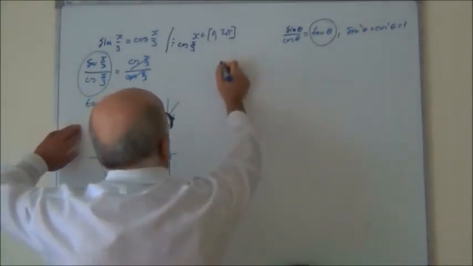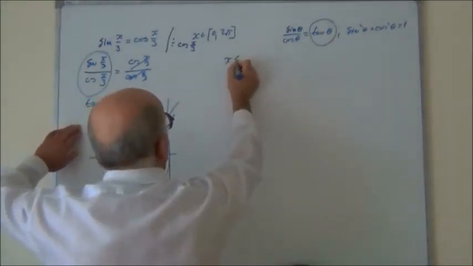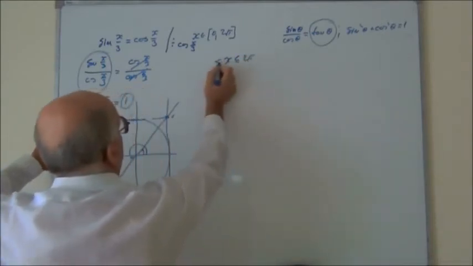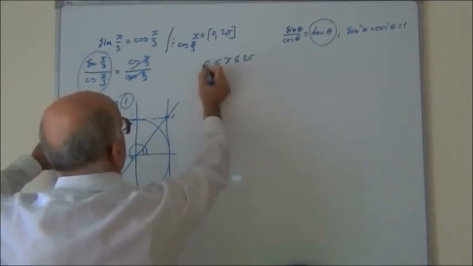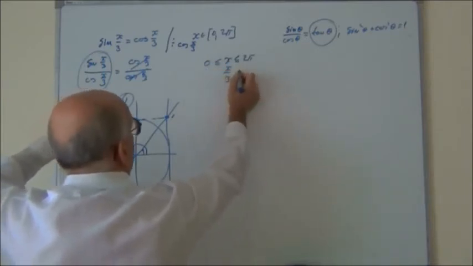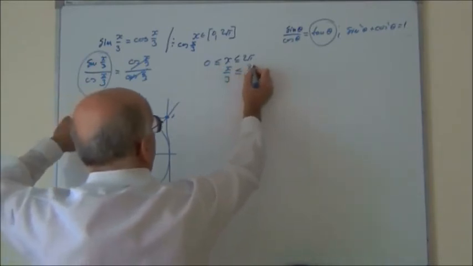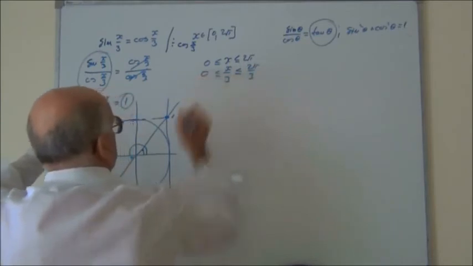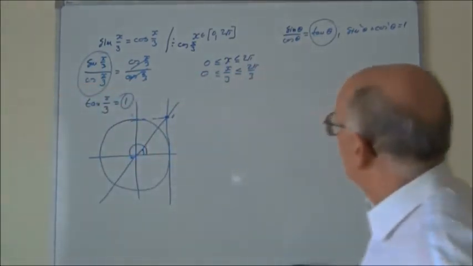We have here x smaller or equal to 2 pi, larger or equal 0, but our angle is x on 3, so we have to divide 2 pi by 3, and of course on this side it is just 0.